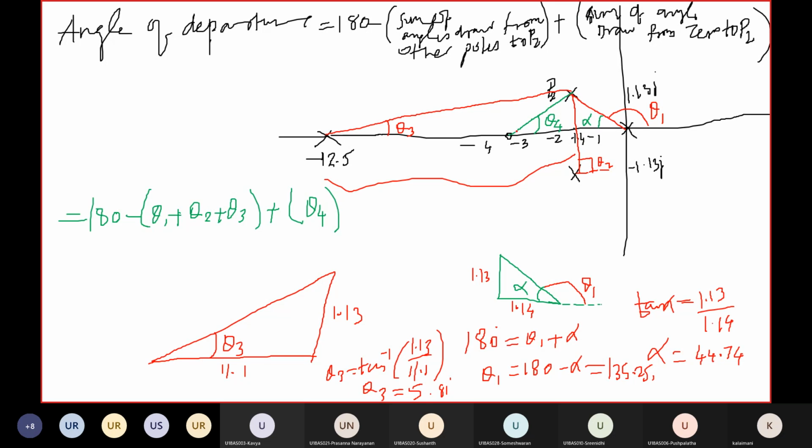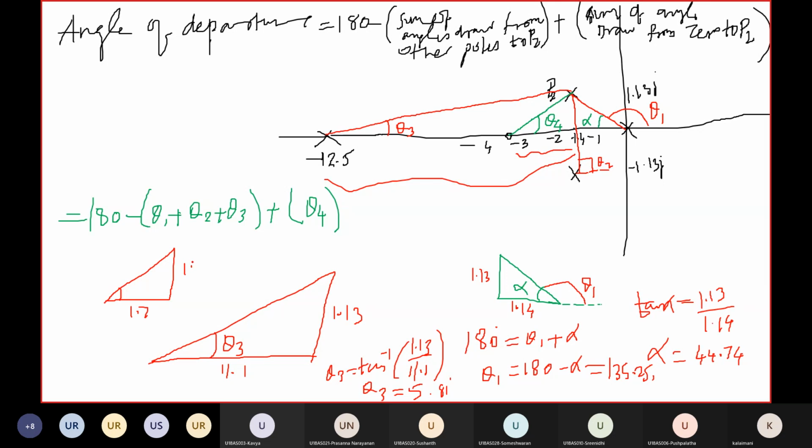Then what is the value of theta 4? If we consider this green color line as a triangle, the zero to origin distance is minus 3.1. But here we want up to this distance. Therefore 3.1 minus 1.4, I got 1.7. This distance is 1.7.